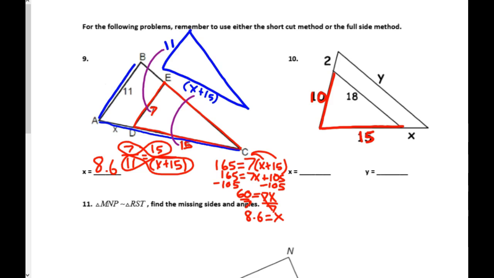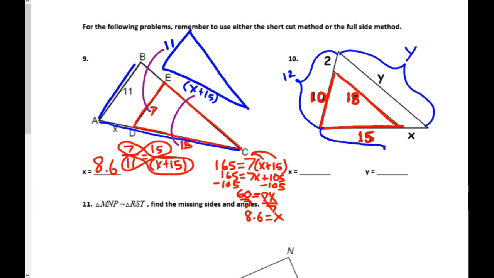And then right here we have 18. Now, for the big triangle, this whole thing is 12. This whole thing is just y. And this whole thing is x plus 15.